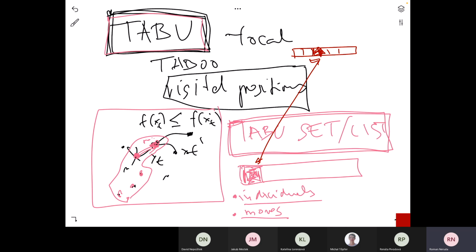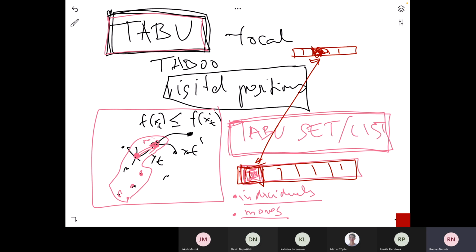So the idea is that the buffer does not contain complete individuals, but an operation how to create those individuals, some information that you can use to reconstruct the individual. They're called moves. Then the list has some kind of limited length, right?